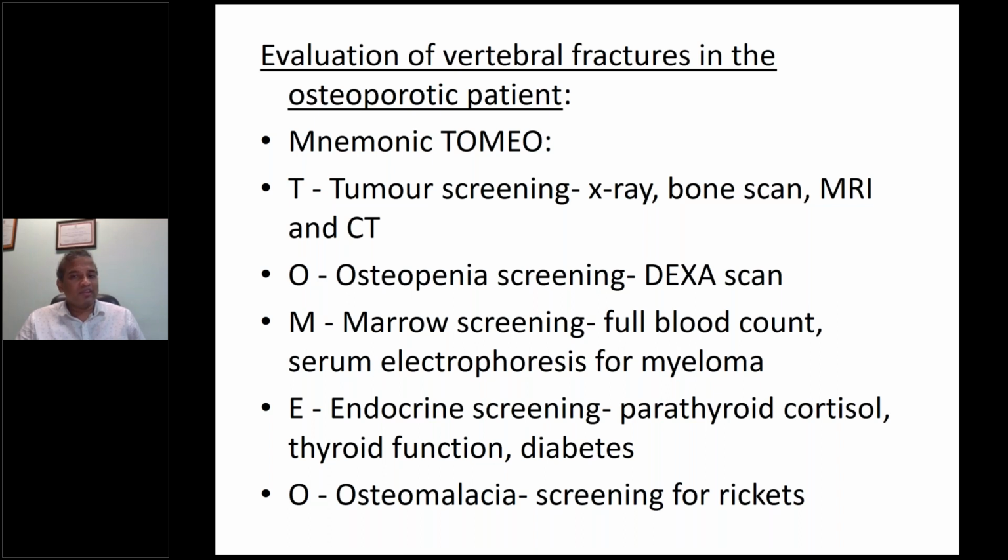We can go for marrow screening if we find issues in the blood counts or ESR, or think of serum electrophoresis for myeloma, which commonly mimics vertebral fracture osteoporosis. Then endocrine screening for parathyroid, thyroid, cortisol, and osteomalacia screening for rickets. Basically, we must keep these differentials in mind before labeling a vertebral fracture purely as osteoporosis.